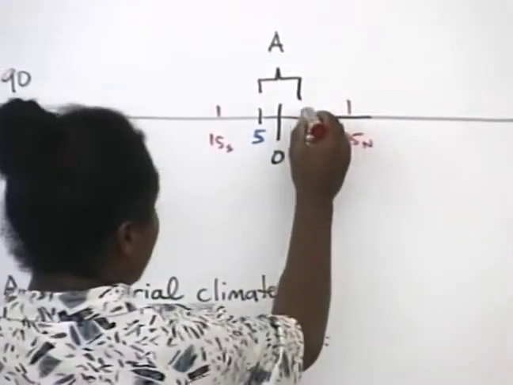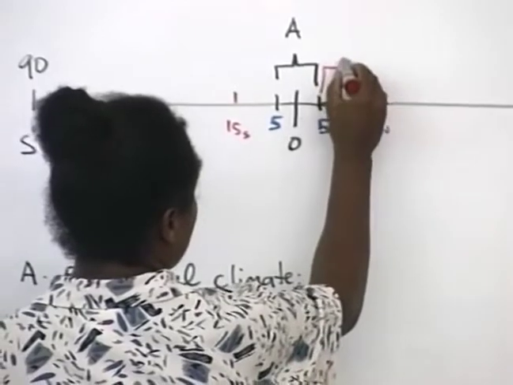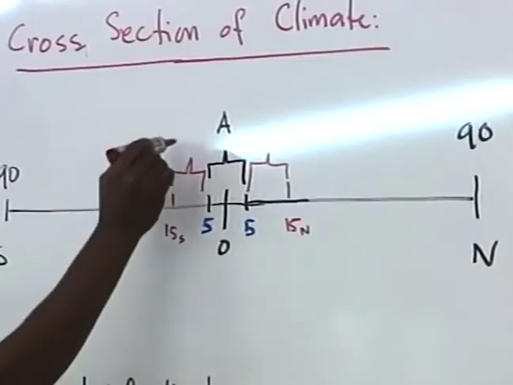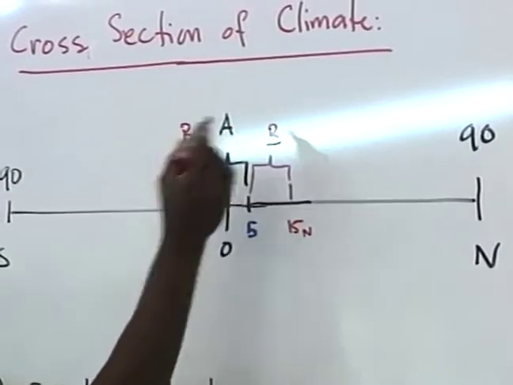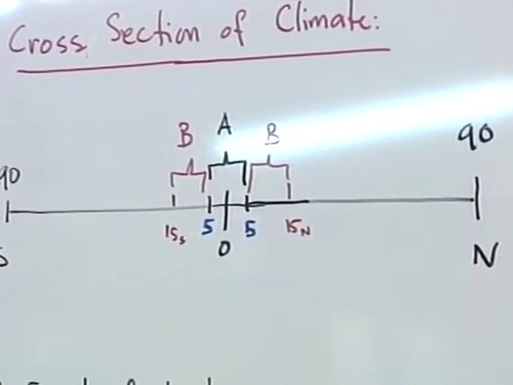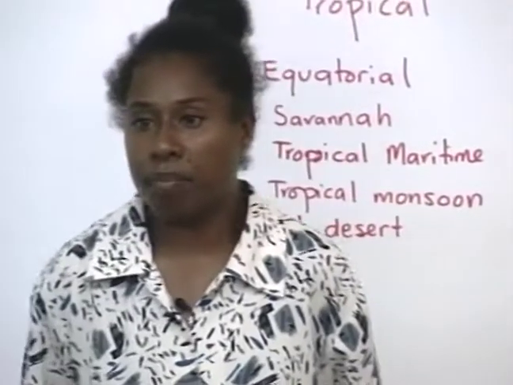Okay, so from this area here, 5 to 15. In the north and in the south, we would have what we call the tropical continental, or the tropical savanna type climate.